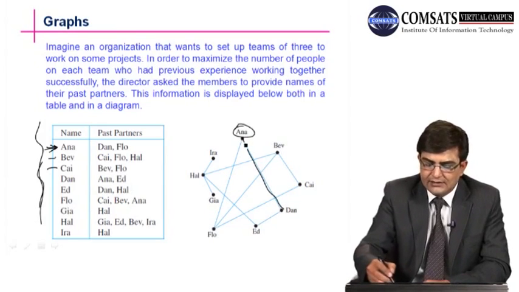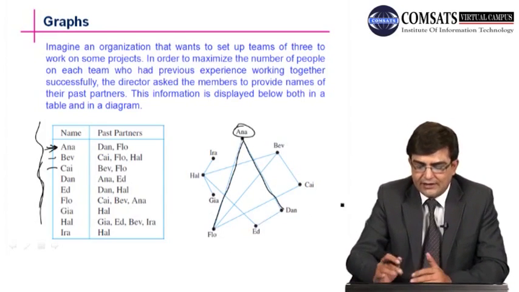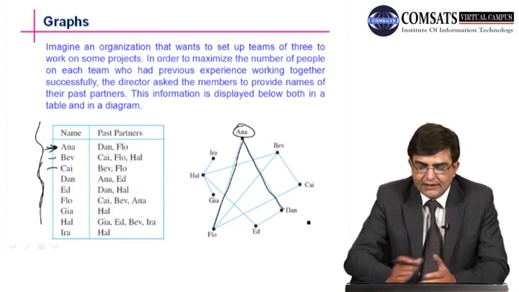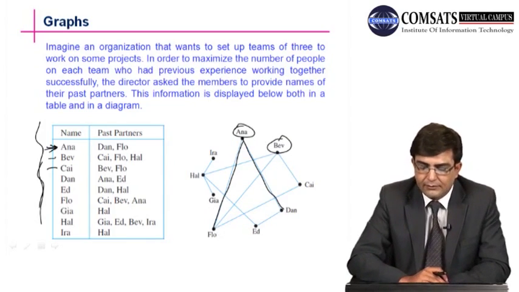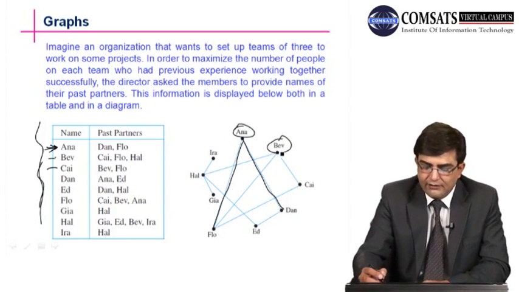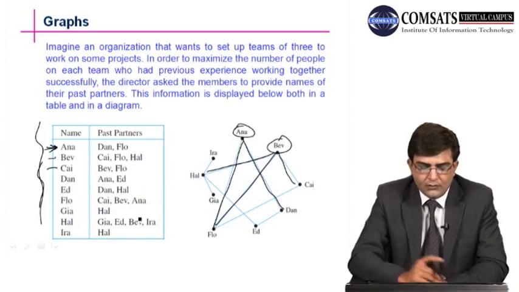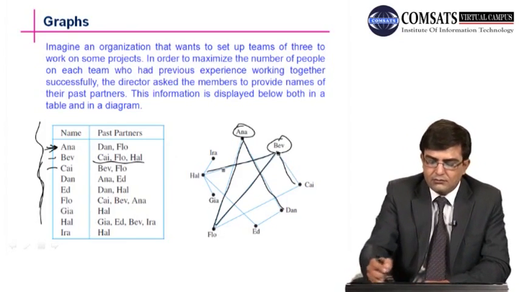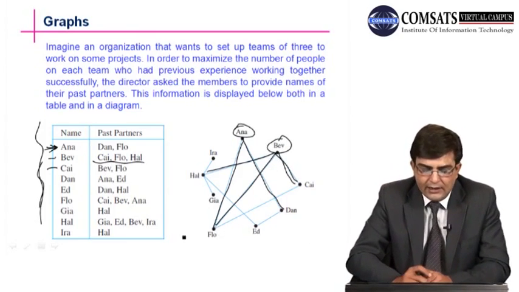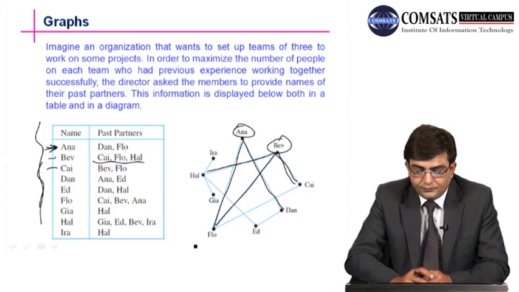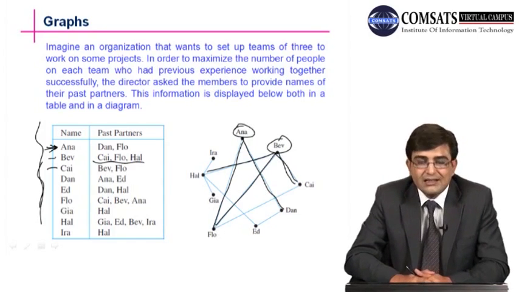This is shown with lines connecting these 3 people. Similarly, Bev has worked with Sia, Flu, and Hal, and all these are marked with edges. These are called edges. Such types of problems we deal with in graph theory.